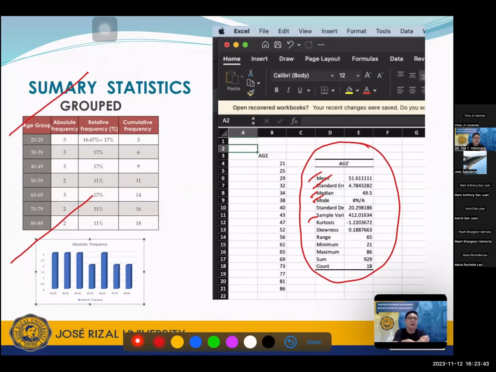So my collected data is all about having a mean of blah blah blah. Okay. So are we clear?